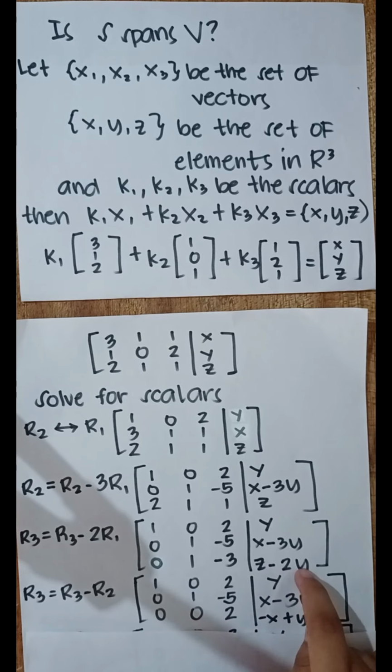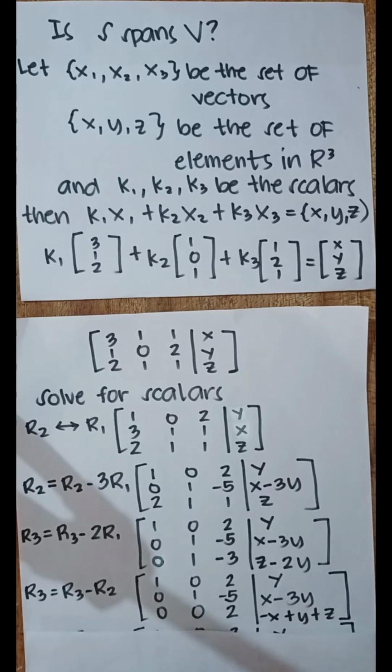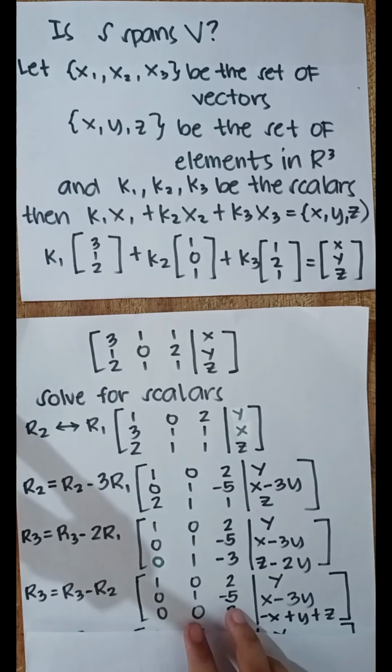The quantity z minus 2y minus the quantity x minus 3y is negative x plus y plus z. Then we still copy row 1 and row 2. As you can observe, we are already done with column 1 and column 2. So let's proceed to the third column.